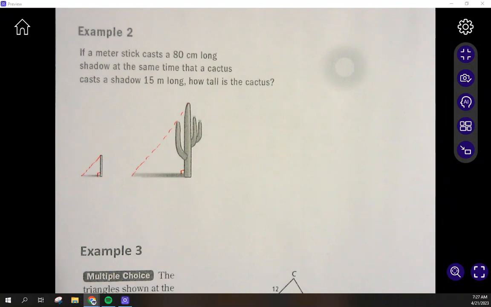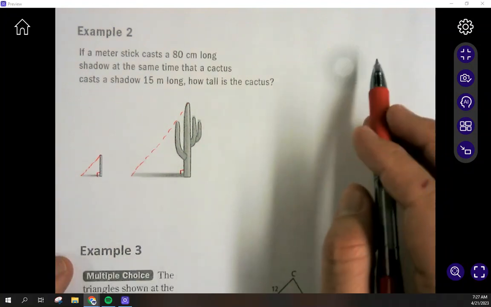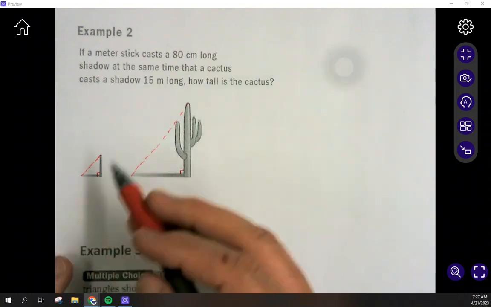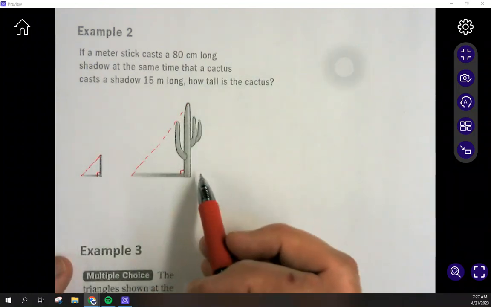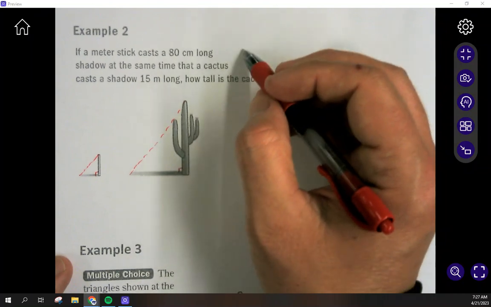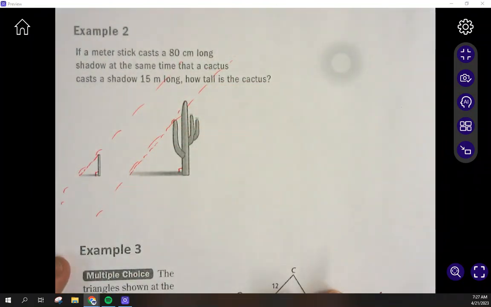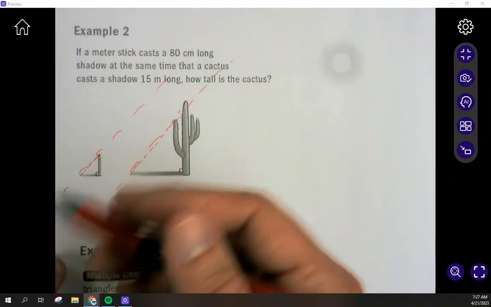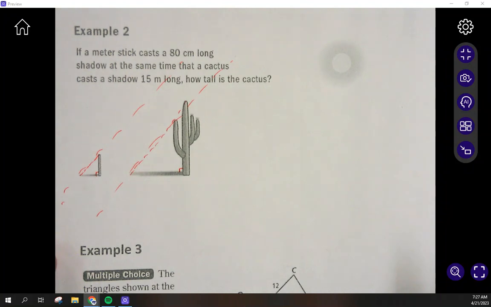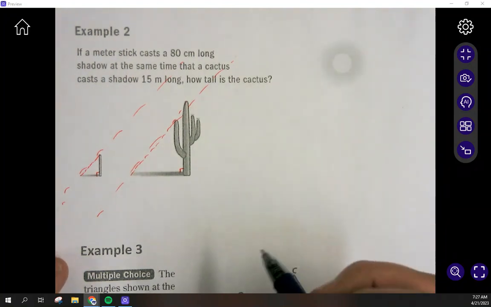But what we need to know is that this creates two similar triangles. It does. Now, the reason is because this is creating parallel lines here and the ground. So I've got this one and I've got this one. The angle of the sun, because it's coming from so far away, the rays are said to be parallel to each other, and they are pretty much parallel to each other. It's close enough that you can actually use this in real life for measurements.